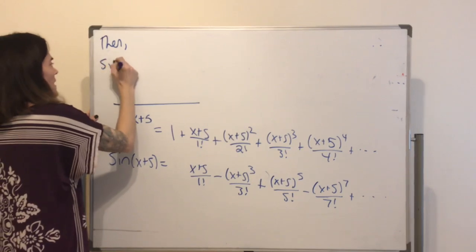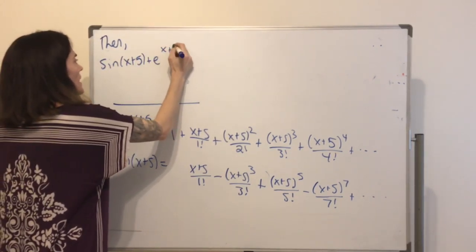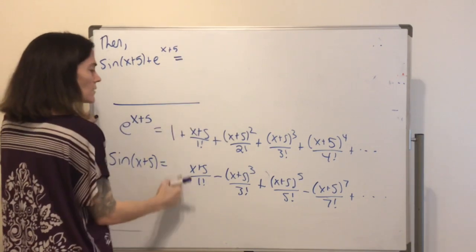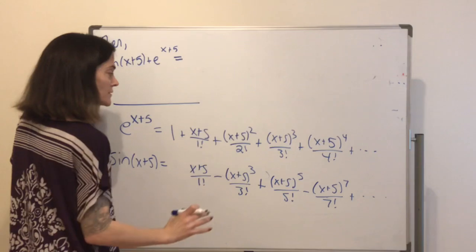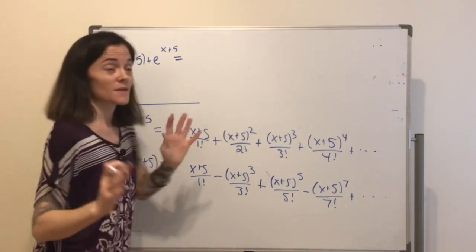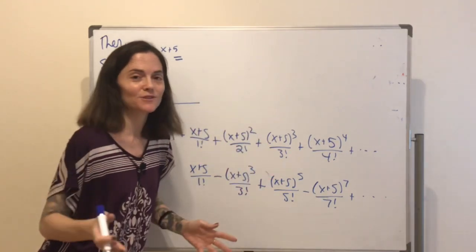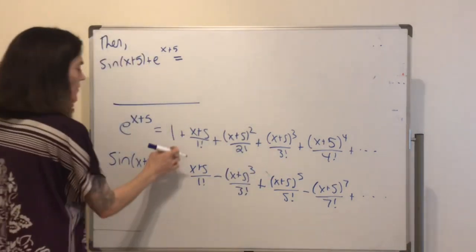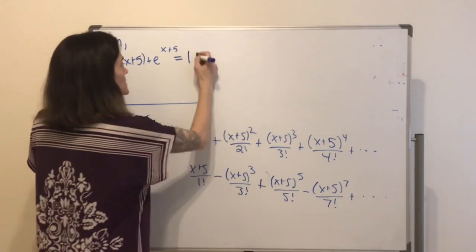So then, the sine of x plus 5 plus e to the x plus 5. Well, let's write out, you see, some things are going to be a little different. I'm going to write this with, say, 5 non-zero terms followed by dot, dot, dot. So here, the first non-zero term is 1. Then I have a 2(x plus 5).